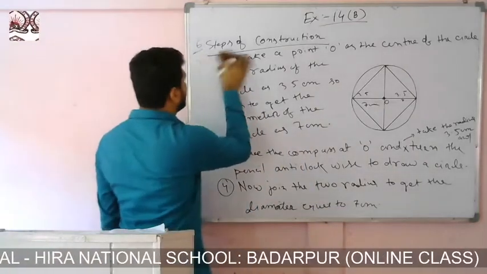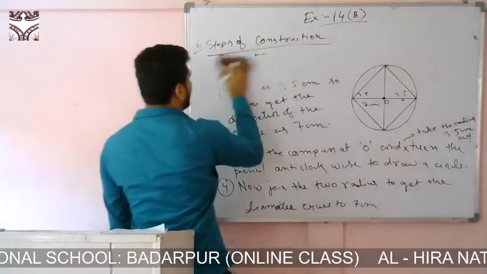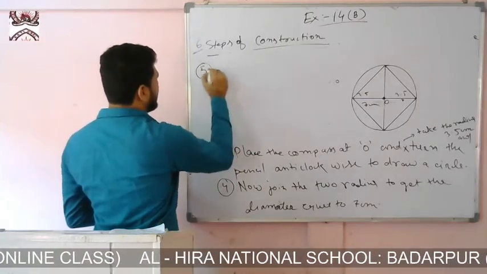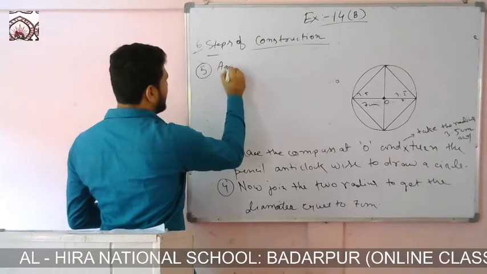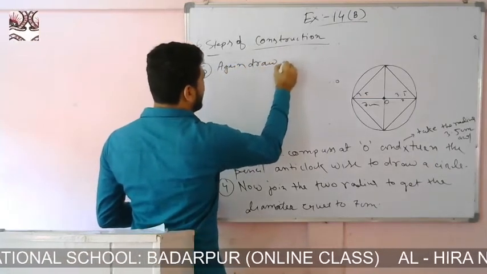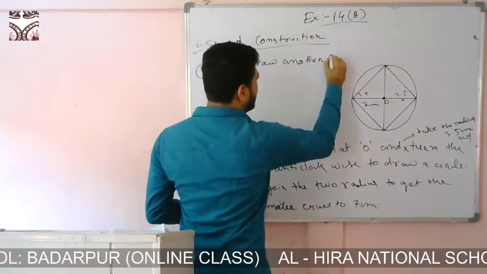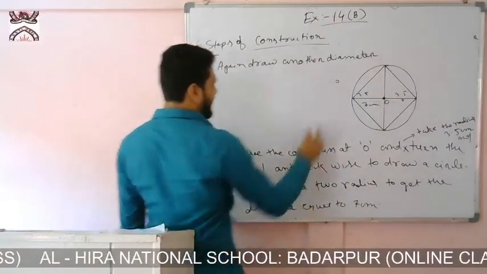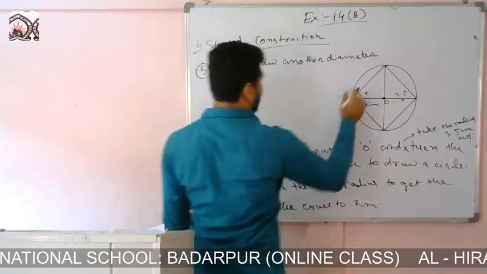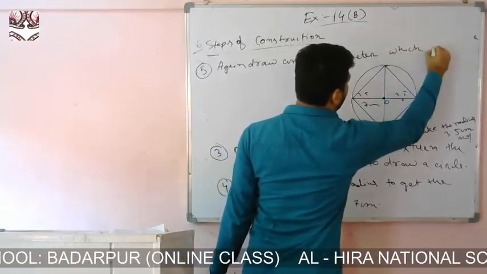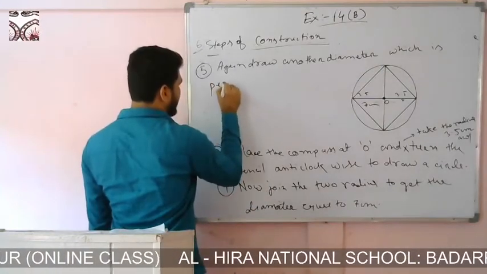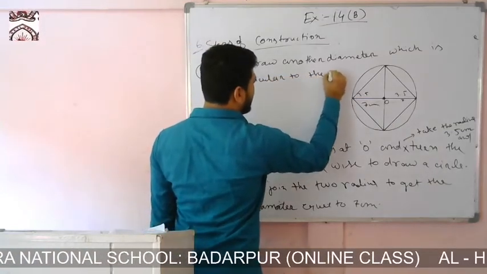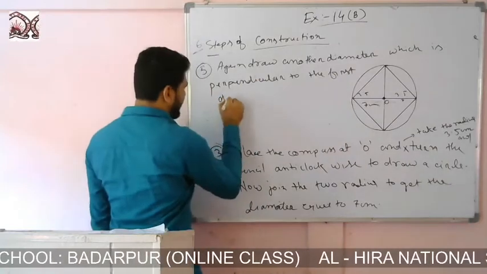Now write step number 5. Now again draw another diameter, which is perpendicular to the first diameter.